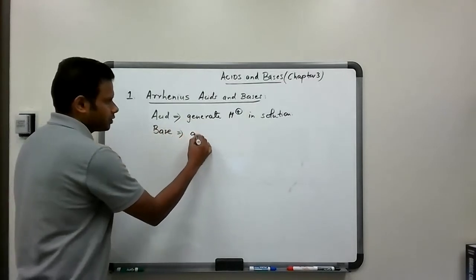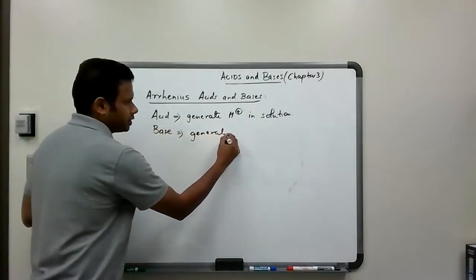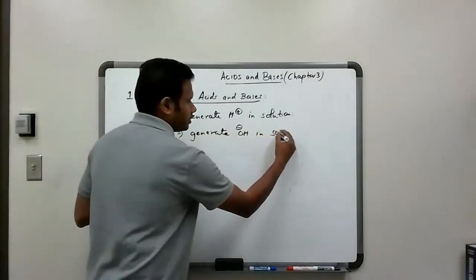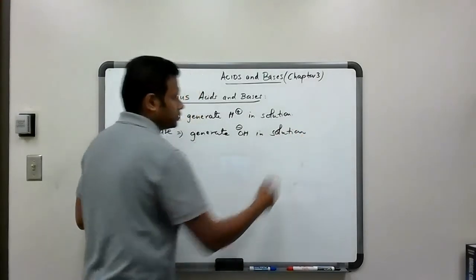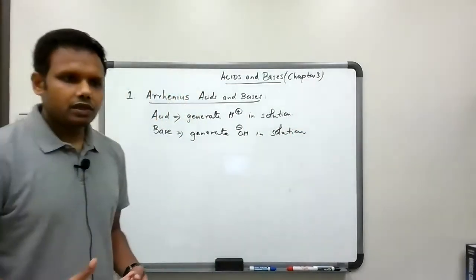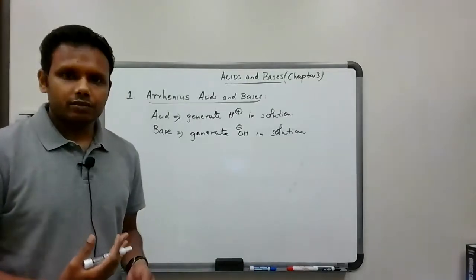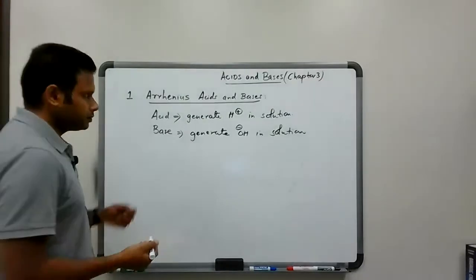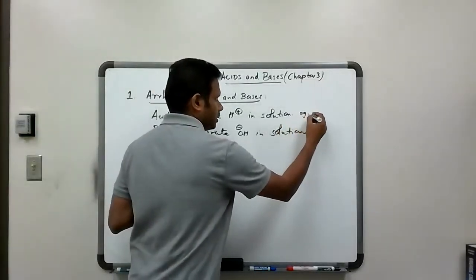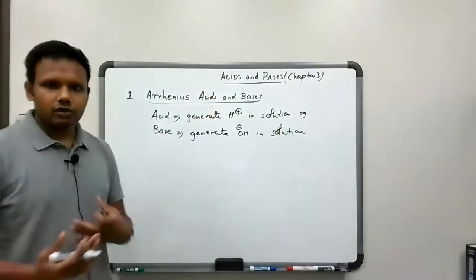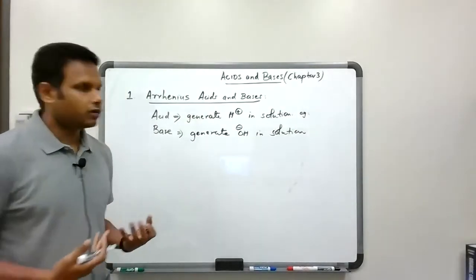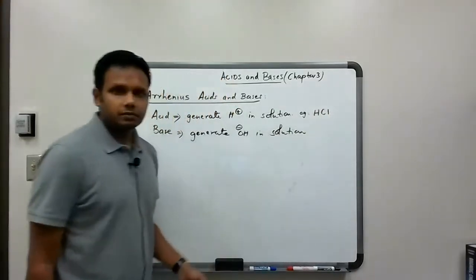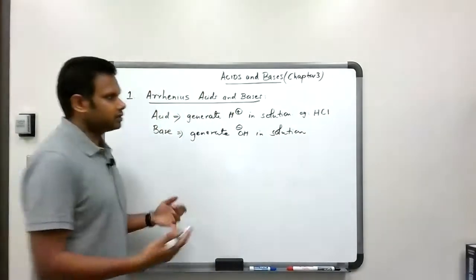A base, on the other hand, was defined as something that would generate a hydroxide in solution, okay? And this is the definition of acids and bases that we are all first introduced to in general chemistry. As examples of an acid, if I had asked you to shout it out, all of you would say hydrochloric acid, HCl, or maybe sulfuric acid or nitric acid.